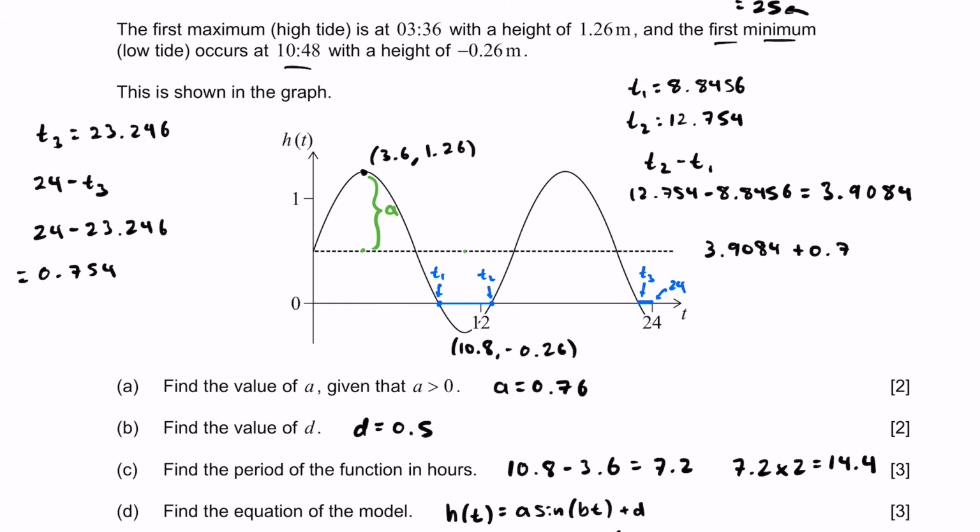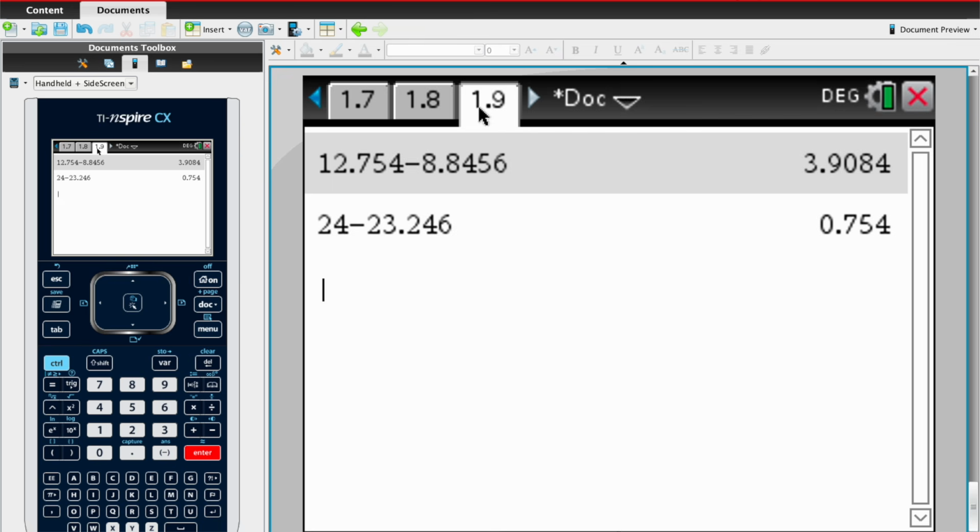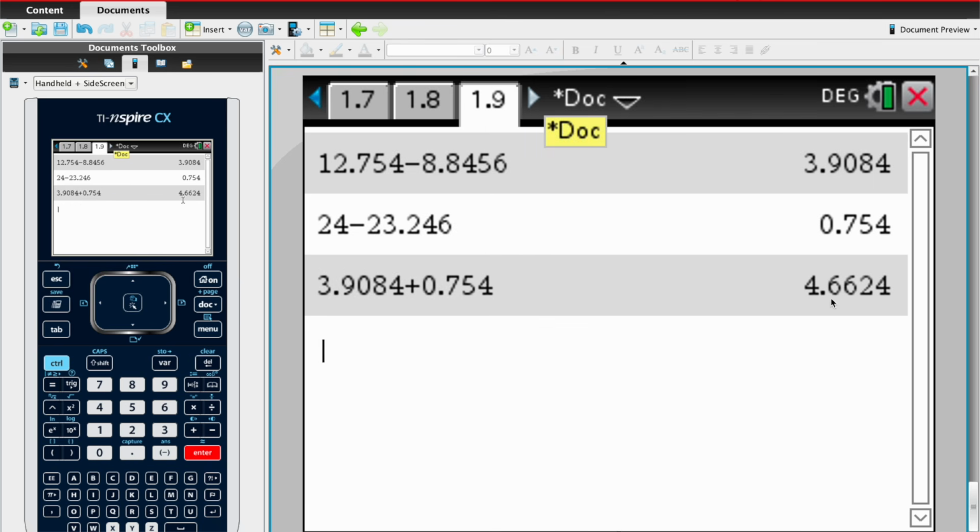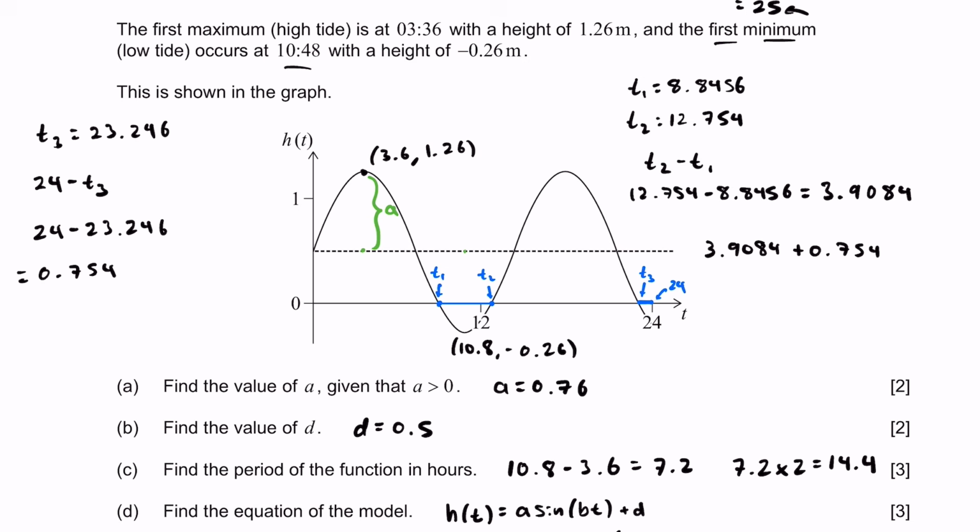Okay, so I'm going to add those together. 3.9084 plus 0.754 is 4.6624.